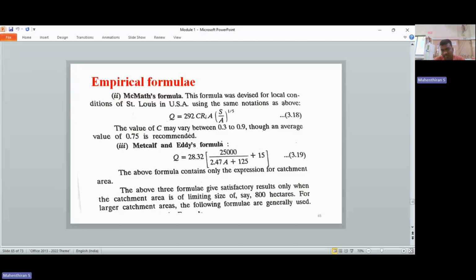You might be wondering, how can a runoff formula ignore the rainfall intensity? There is a reason for that. This formula was developed for specific conditions where rainfall intensity and slope were relatively constant across the region of the study. Under those particular conditions, the only major variable affecting runoff was the size of the catchment area. However, and this is extremely important, you must understand the limitations of this formula also.